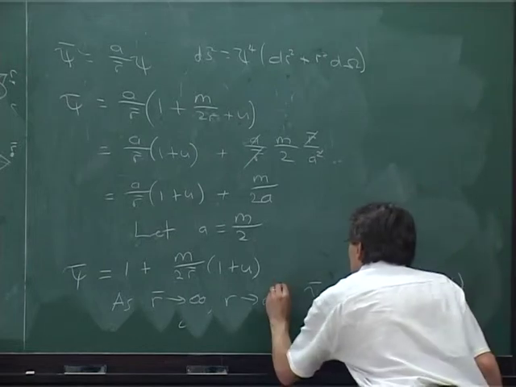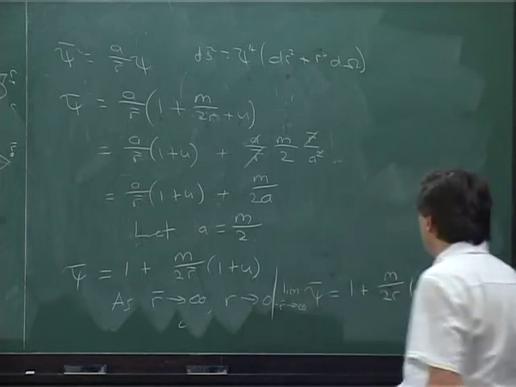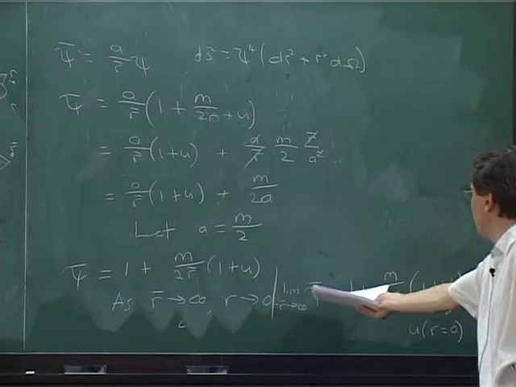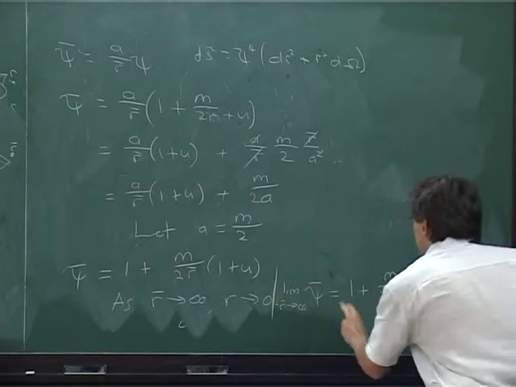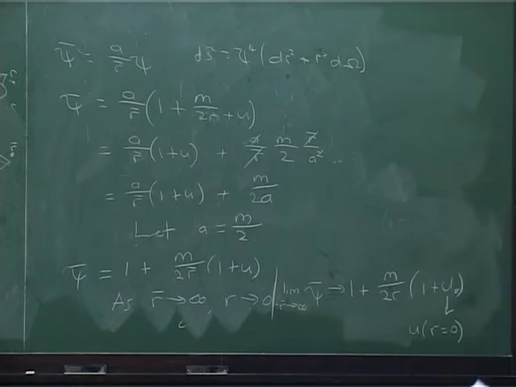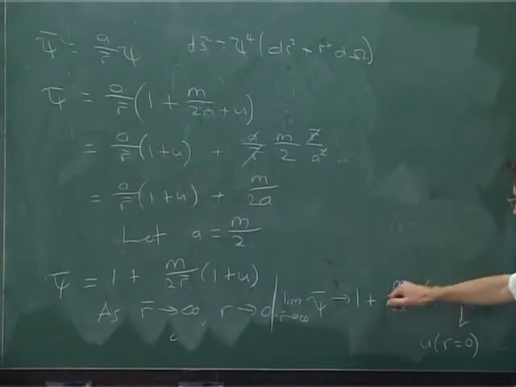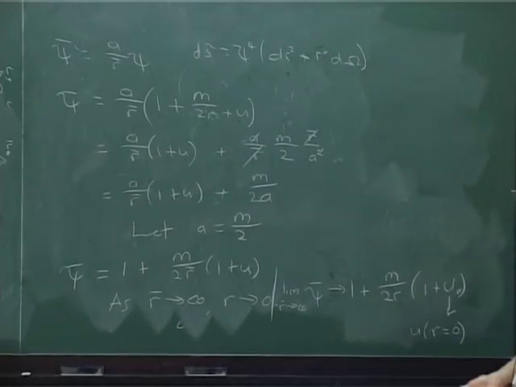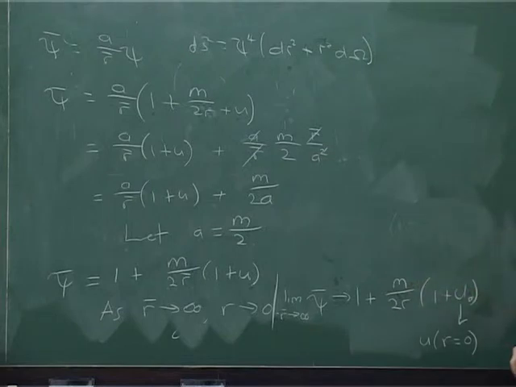I should say limit. The limit as r bar goes to infinity of psi bar is exactly this, or rather it goes to this. So it takes this form, and so now we see that we have something that falls off as 1 over r. We basically have an M over 2r form where the piece on top is our original M times 1 plus U naught.